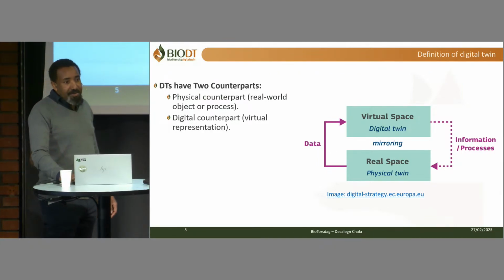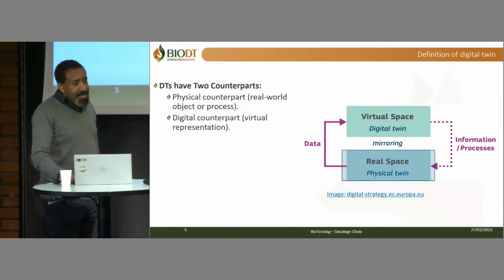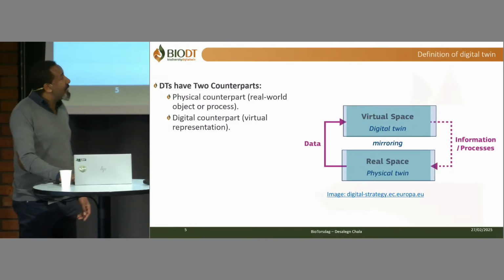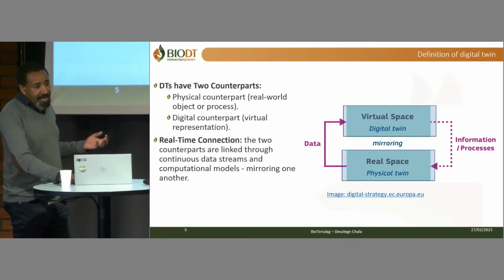Digital twins have two counterparts, the physical counterpart, which we normally call the real space, and the digital counterpart, which we normally call the virtual space. And these are connected in real time.